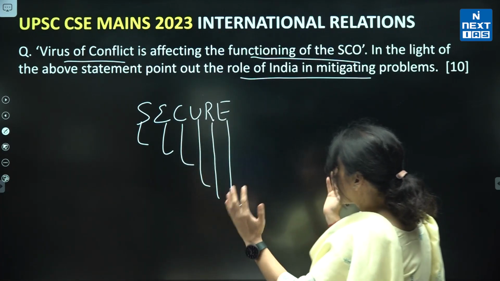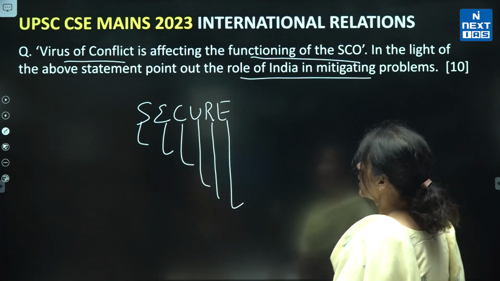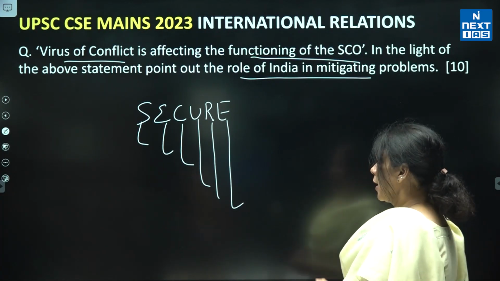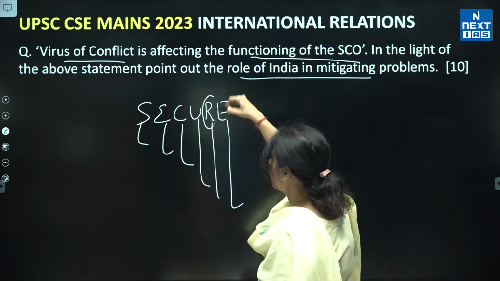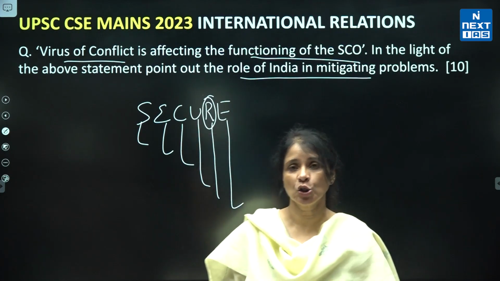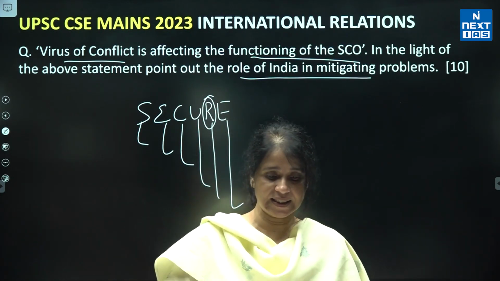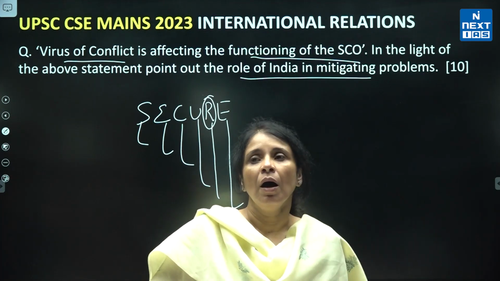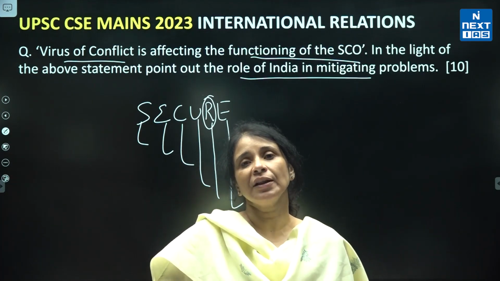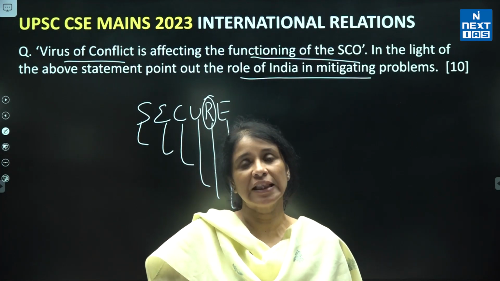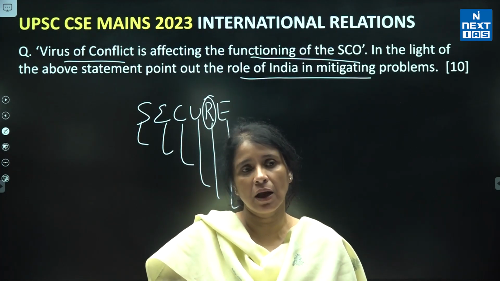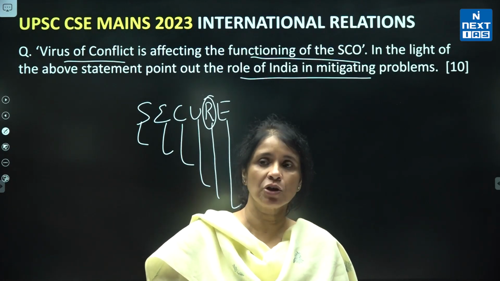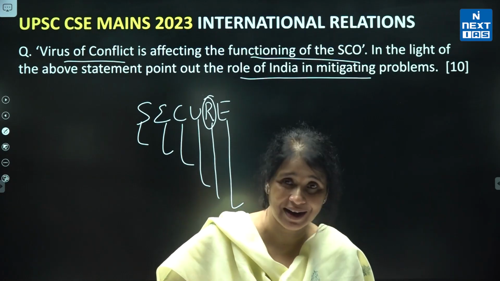So when we see the conflicts, what role can India play? India is talking about respect for sovereignty and integrity of a nation. And India has a past of resolving boundary disputes without shedding even a single drop of blood, such as the consensus based resolution of the boundary dispute with Bangladesh.